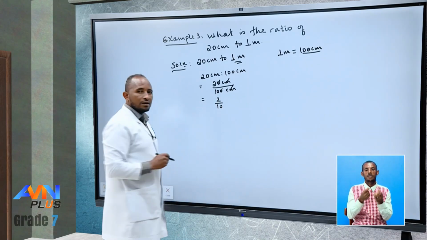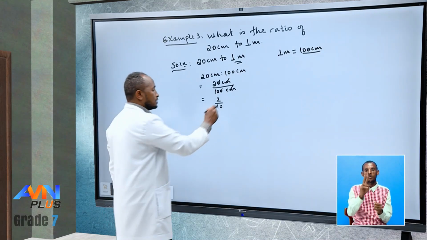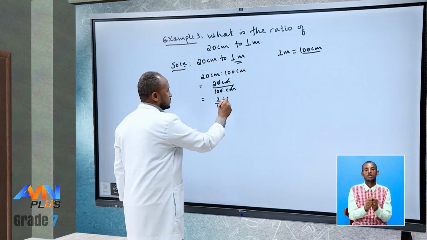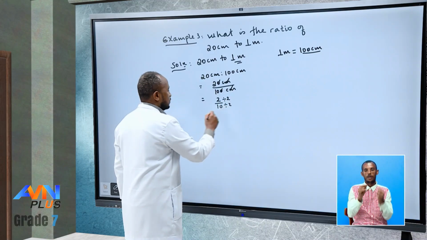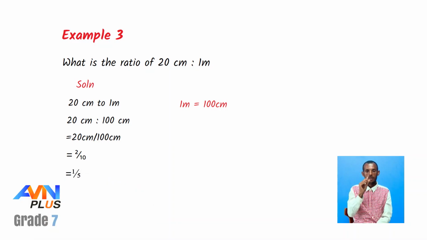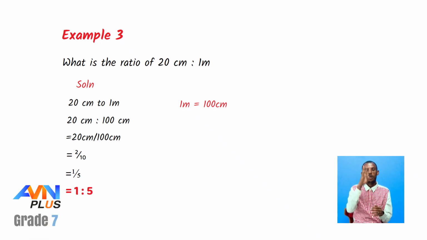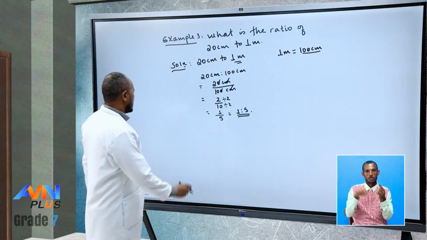Since 2 and 10 have a common factor, their common factor is 2. So let's divide both by 2. So you have 2 divided by 2 is 1. 10 divided by 2 is 5. So this becomes 1:5, which will be the final answer. Now let's proceed to another example.